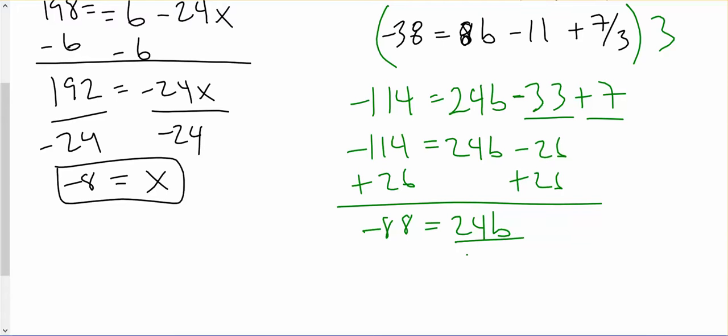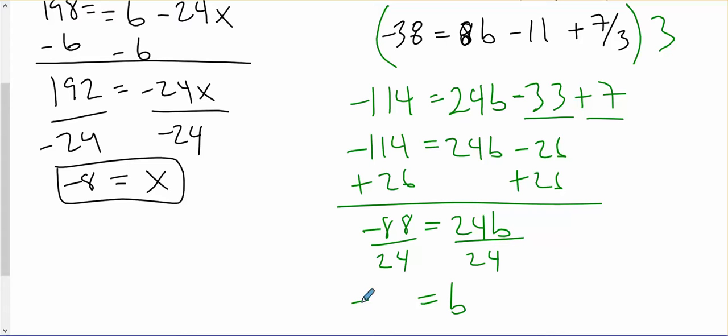Divide by 24, and we get b equals negative... Well, let's just leave it as 88 over 24. What goes into both 88 and 24? 4 does.